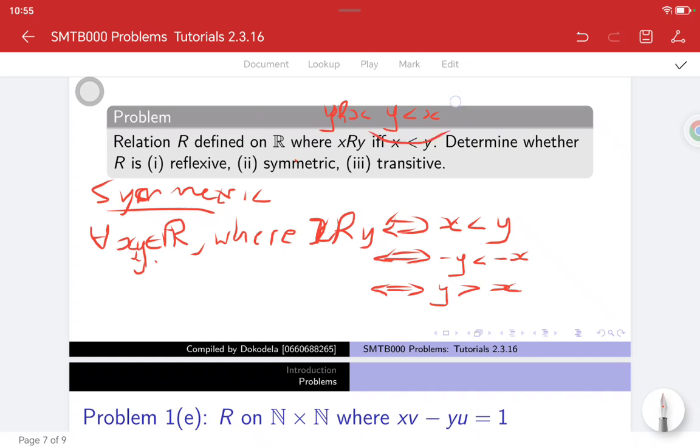You see, we didn't arrive where y is less than x. So this is not symmetric. We agree? Yes. So we didn't get where we wanted to get. Hence, R is not symmetric.